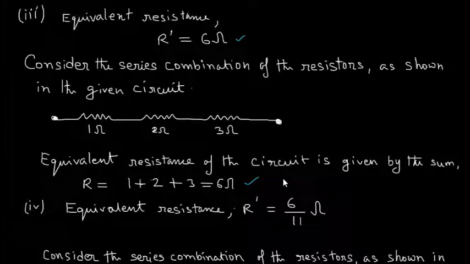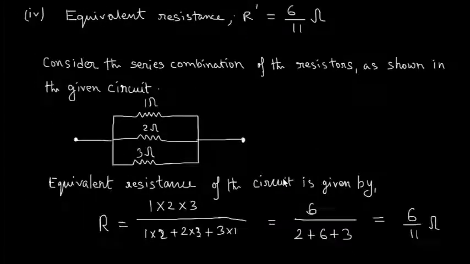Fourth part. So equivalent resistance R dash is equal to 6 upon 11 ohm. Consider the combination of resistors as shown in the given circuit, that is 1 ohm, 2 ohm and 3 ohm are in parallel.